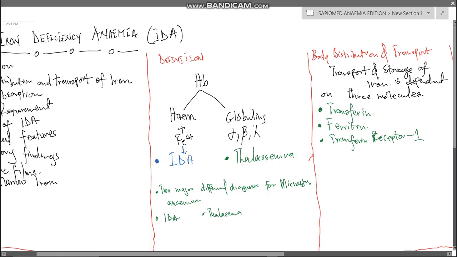Okay, so what happens in iron deficiency anemia is that there is a reduction in iron. It could be a reduction in iron absorption. It could be a reduction in iron transport.